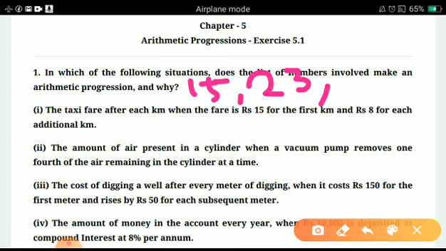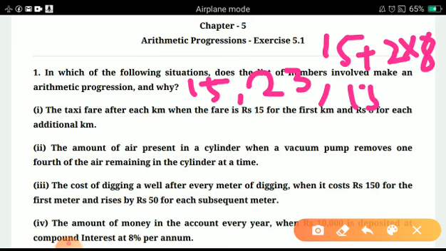Again for the next 1 kilometer, I have to pay again plus 8. So 23 plus 8, or in that 15 I'm adding, after 2 kilometers, 2 times 8 I have to give.